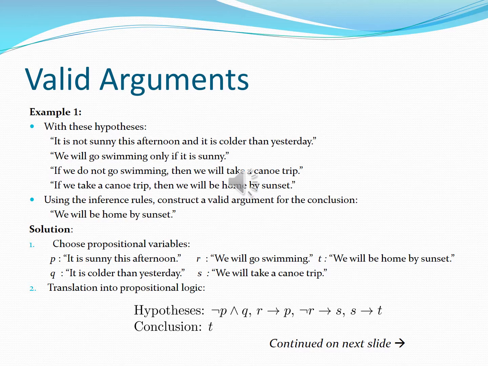We can express that as not P and Q. The second premise would be expressed as R implies P. The third premise would be expressed as not R implies S, and the fourth one would be expressed as S implies T, and the conclusion would be T.